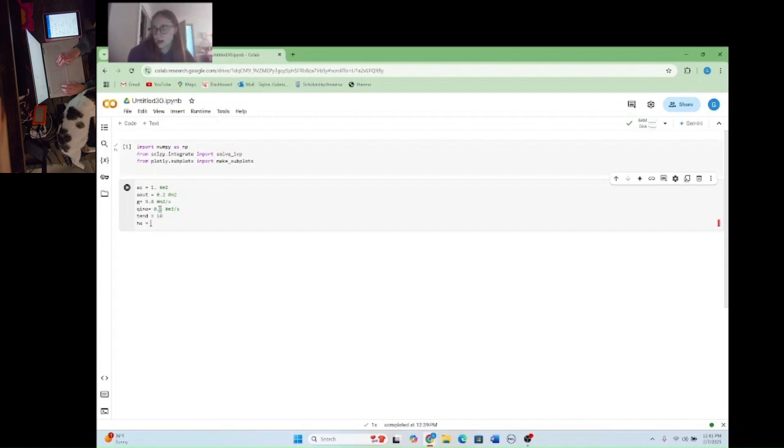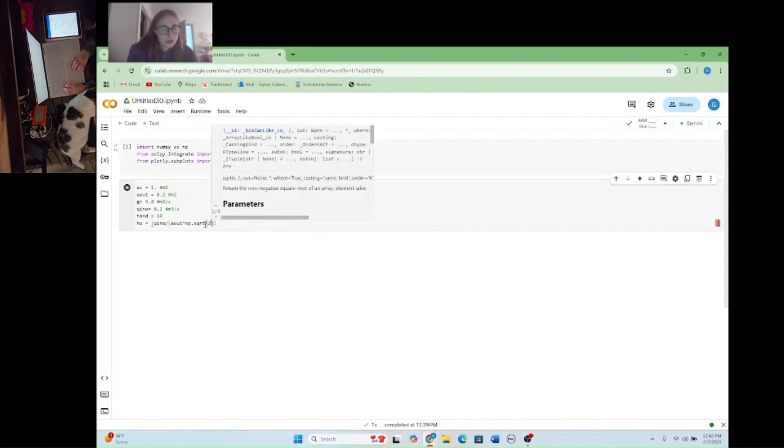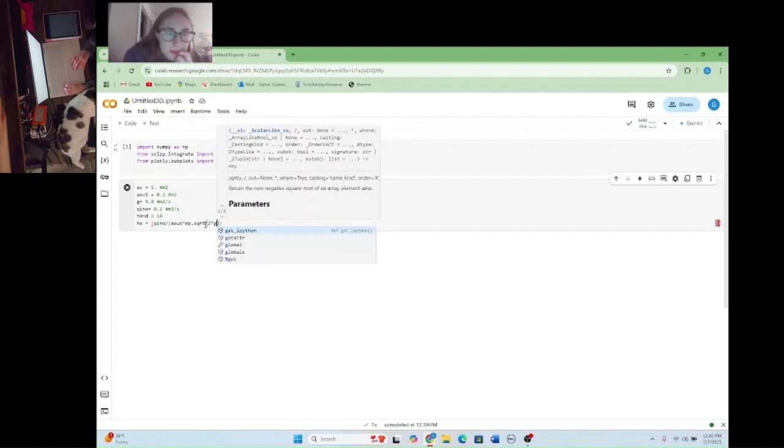So our equation that we derived is Q naught divided by A out times numpy.sqrt of 2 times G. Okay.